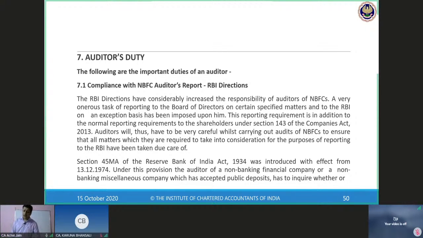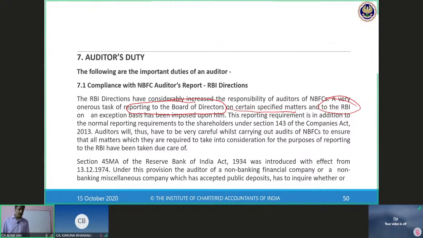A very onerous task of reporting to the board of directors on certain specified matters, and to the RBI on an exception basis, has been imposed upon the auditor. So the auditor will report to the board of directors on certain specified matters, and will also be required to report to the RBI on an exception basis.